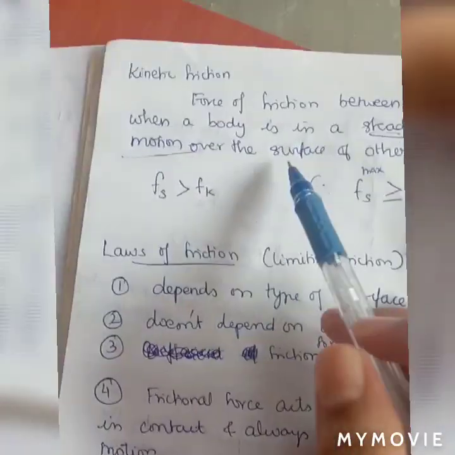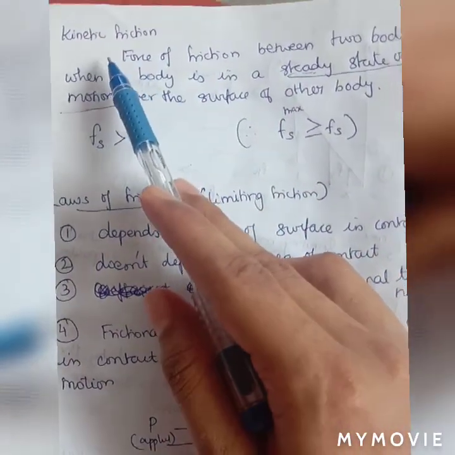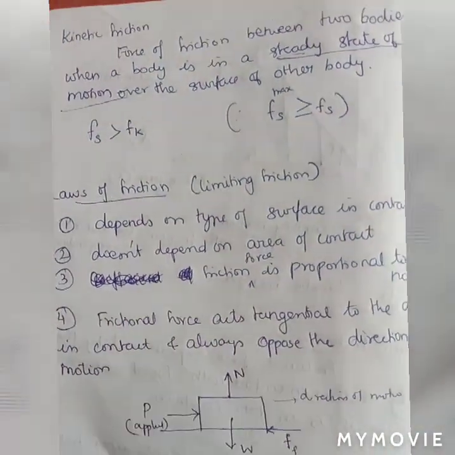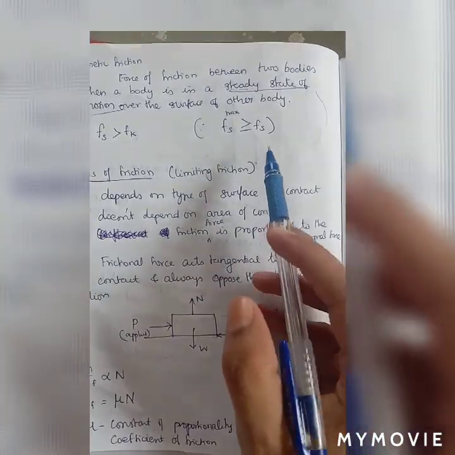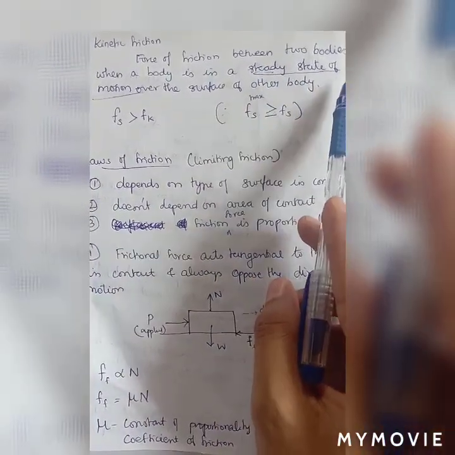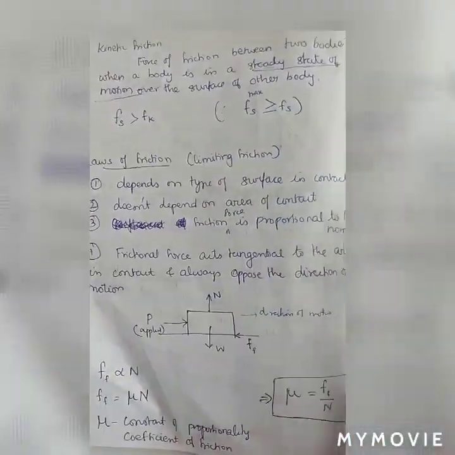And when two bodies are in a steady state of motion, the friction developed is called kinetic friction. So these are all the types of friction we have discussed so far: static, kinetic, and also the maximum static friction, which we call limiting friction.